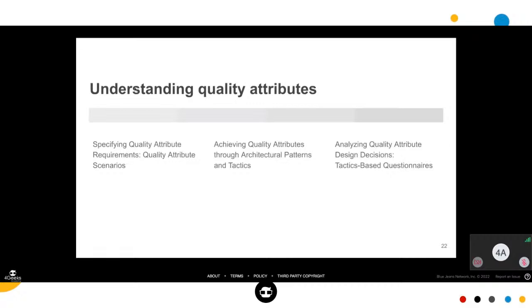And finally, we need to analyze if these quality attributes are okay, right? So how do we measure, right? If our performance is good, our availability is good.